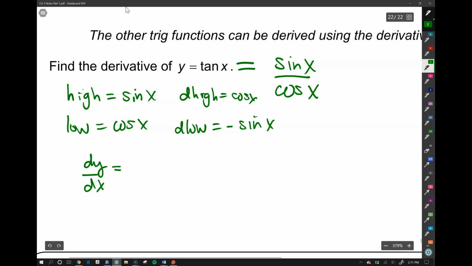Take high d low, cross the line, square the low. Okay, so cosine x times cosine x.